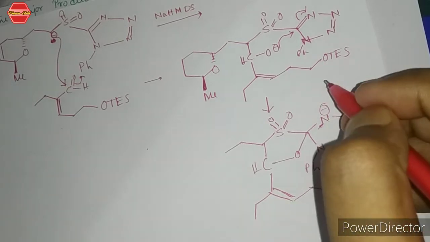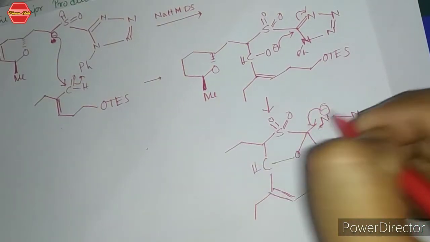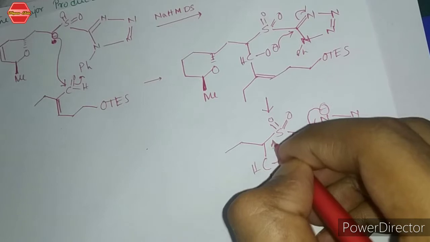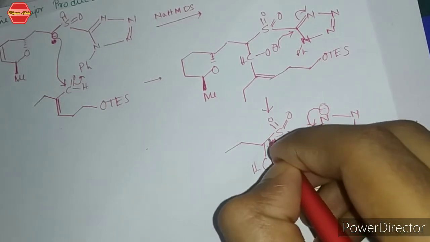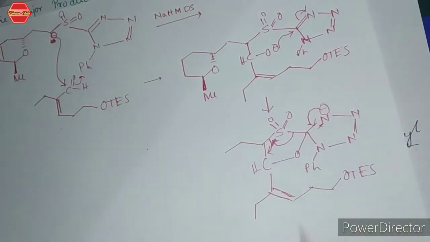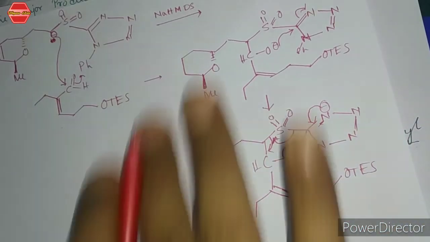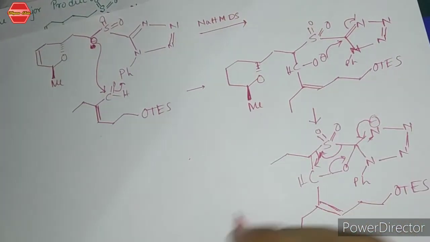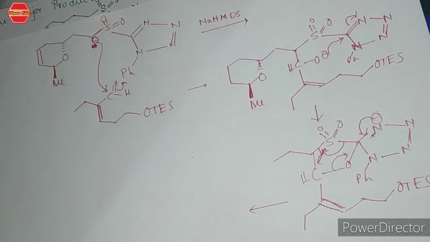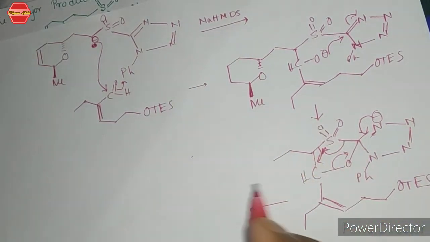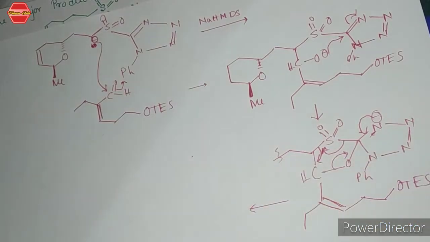Okay, now this negative charge bonds back here, and this bond goes here, and this is on the sulfur, and this bond comes back here. This is the overall process, and after this process there is a formation of the E-alkene. You have to keep in your mind that there is a formation of the E-alkene.